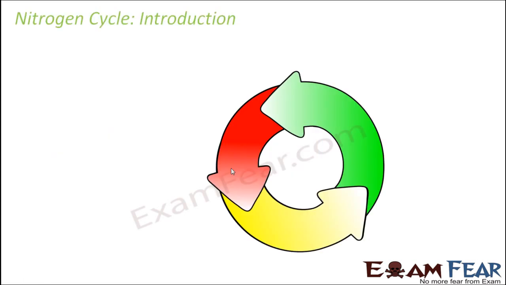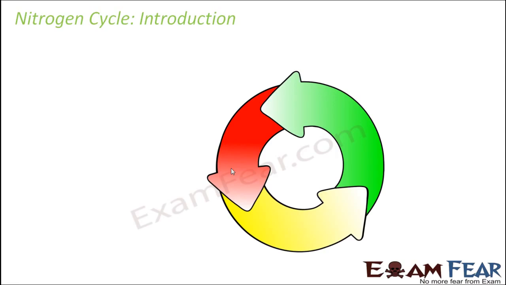So now we will talk about the nitrogen cycle. What do we mean by nitrogen cycle? Cycle generally refers to any cyclic process, that is, wherever the process starts, it comes back to the same point. Nitrogen on earth is mostly found by itself as nitrogen gas, that is dinitrogen gas in the atmosphere.